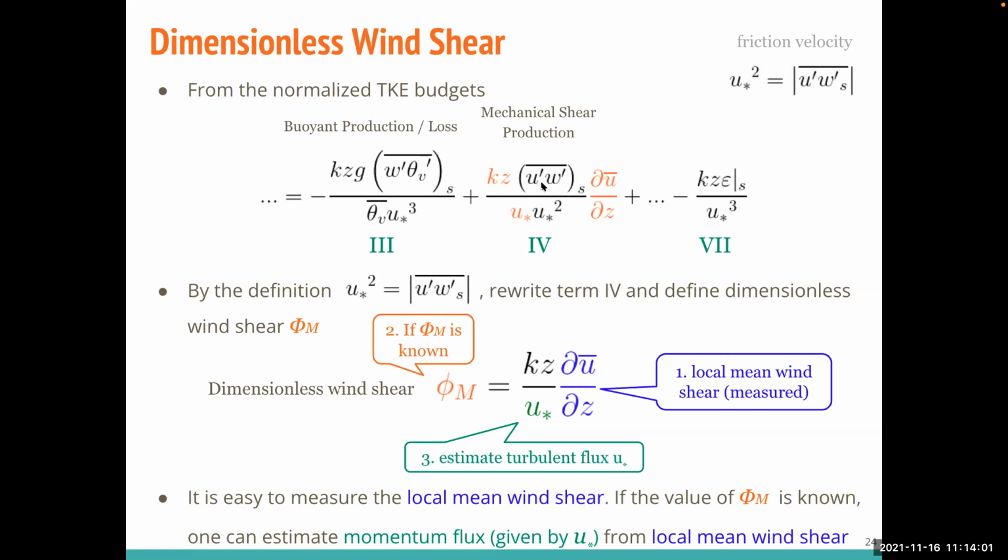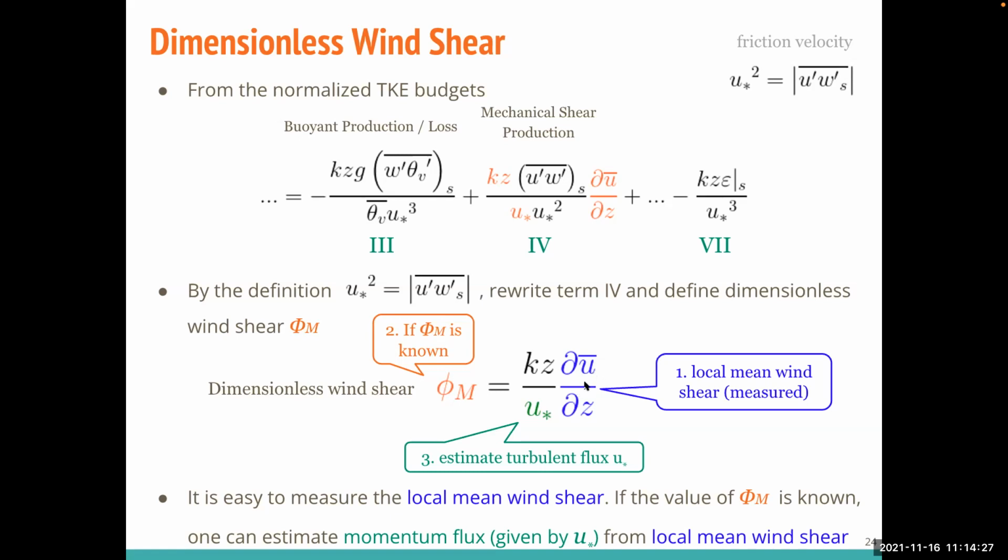So by definition, it's basically the same as this one. So we ignore them, and then we take everything else here, the orange ones, and we define that as the dimensionless wind shear. So we have a wind shear term here, but we have to do the multiplication, right? We make it dimensionless.